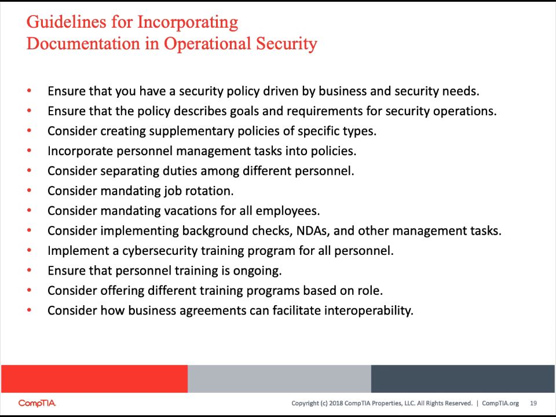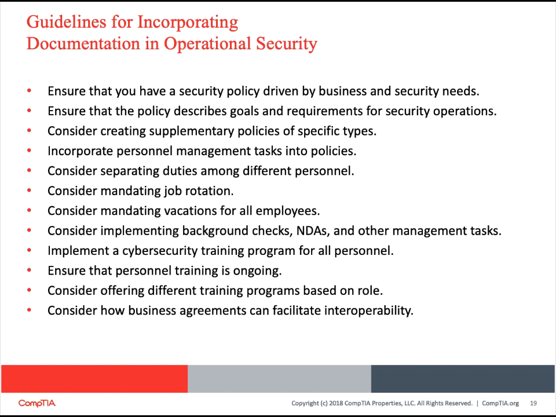We also need to ensure that personnel training is ongoing. Why? Because our threats are constantly evolving, right? The same threats that existed 50 years ago are not the same threats that we're facing today, right? A lot of the encryptions from like the 90s and the 80s can be cracked today, right? With a cell phone that's in your hand.